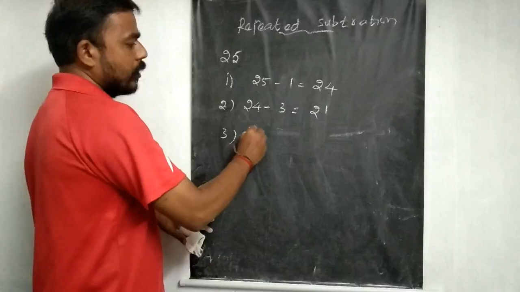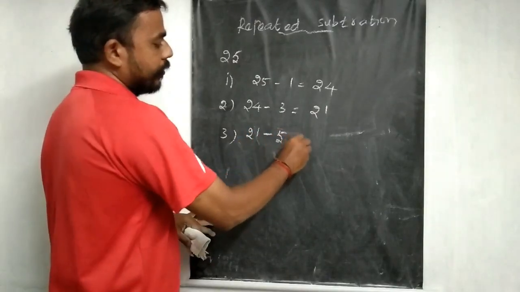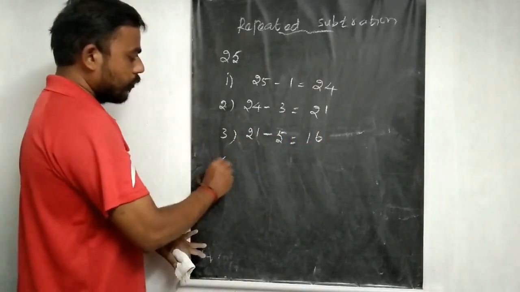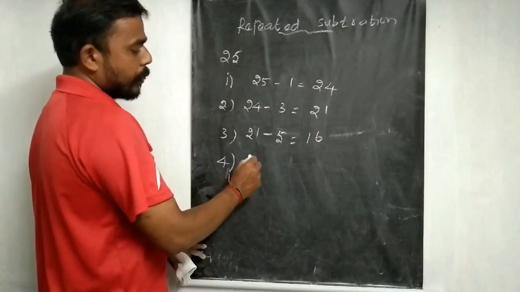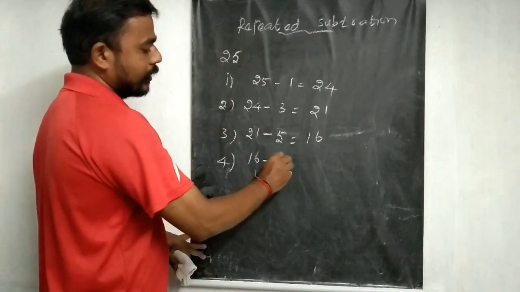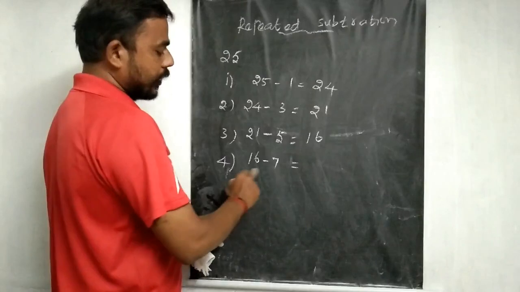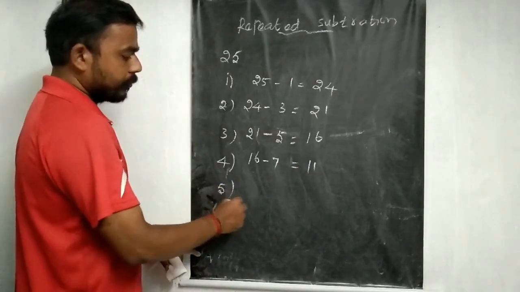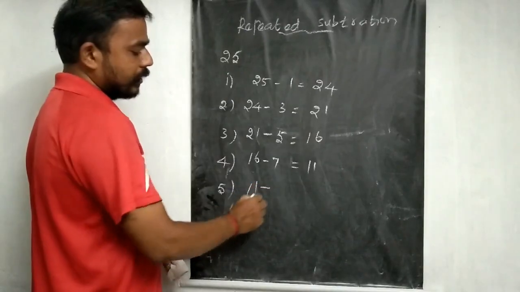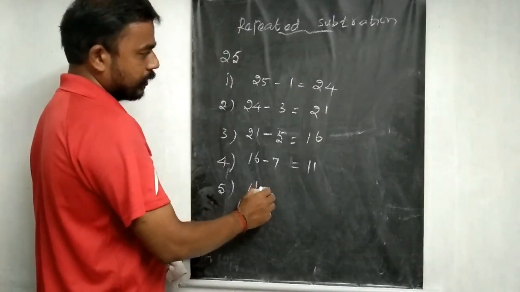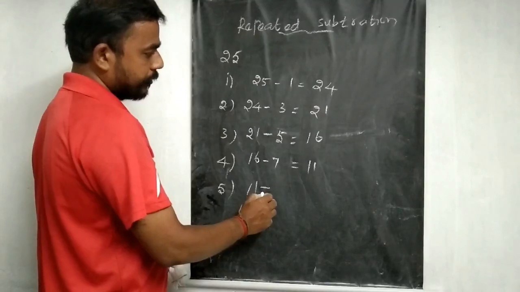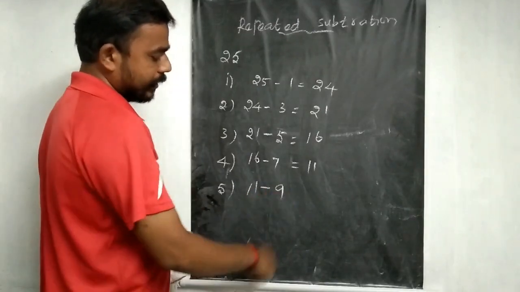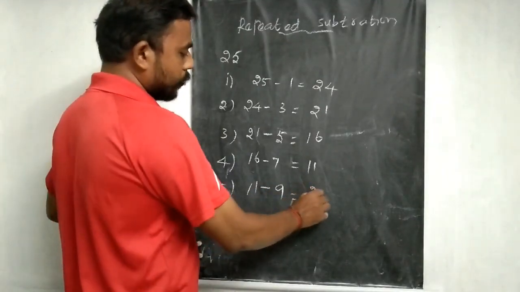Third: 21 minus 5, we get 16. Fourth step: 16 minus 7, we get 11. Fifth step: 11 minus 9, we get 2.